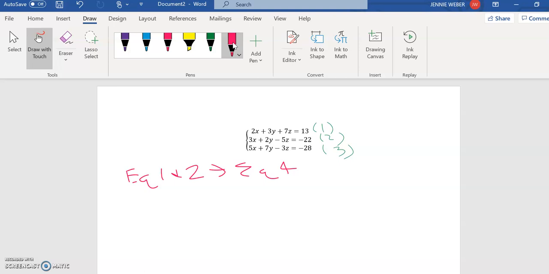So when I look at this, I'm going to multiply the top by 5 and the bottom by 7 to get plus or minus 35. I'm looking for opposite coefficients. So equation 1, I'm going to take equation 1 times 5, and I'm going to do equation 2 times 7, okay?